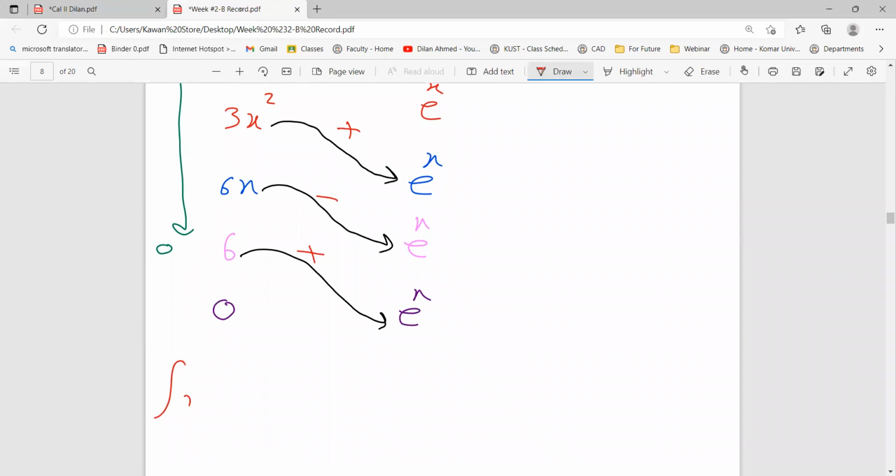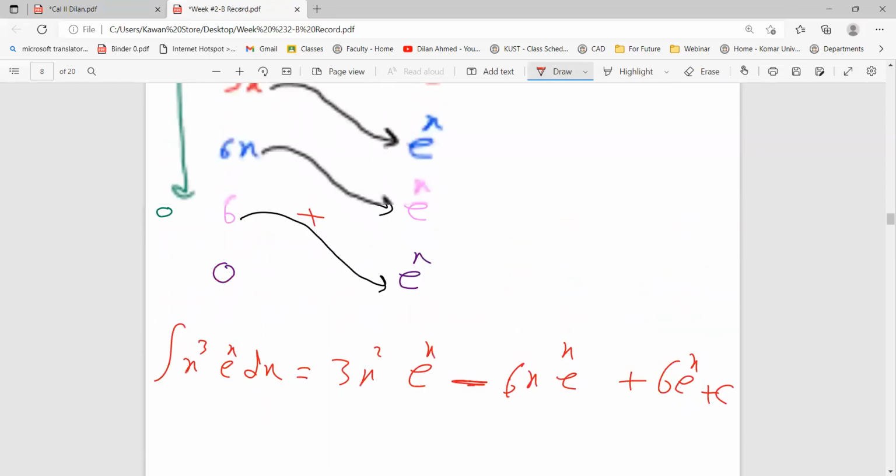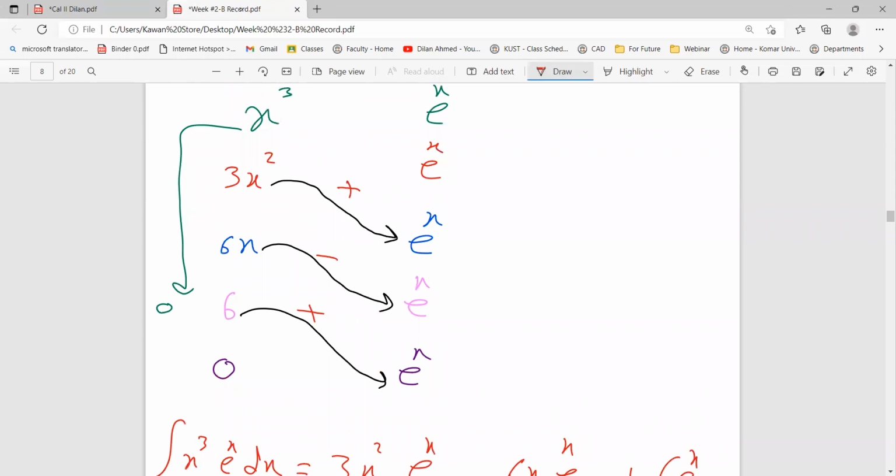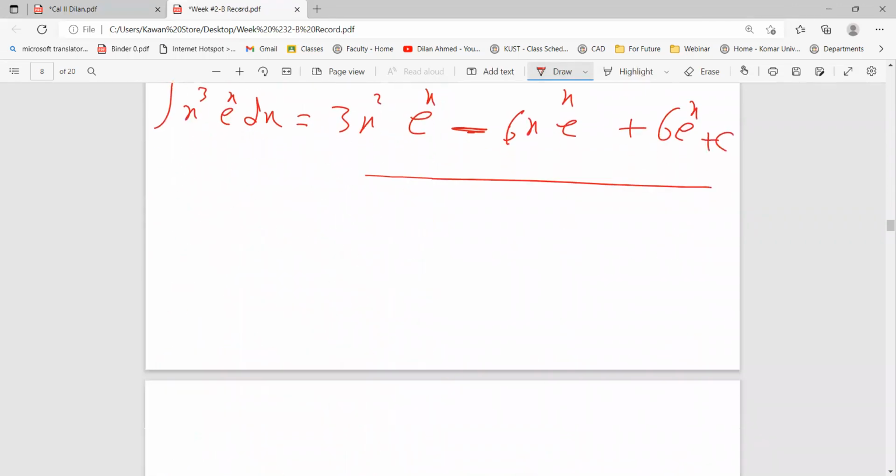It means that if I have x to power 3 e to power x dx, the result will be 3x squared e to power x minus 6x e to power x plus 6 e to power x plus c. It was easier, right? The same thing is true for the x part. Understood? So I think in your exercise, you have such an example.